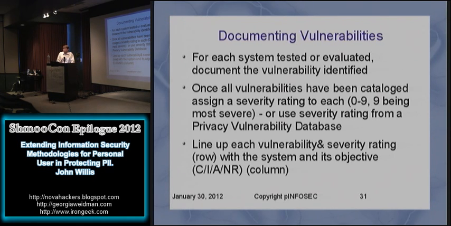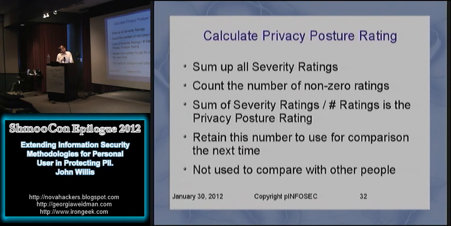It's not like the InfoSec world. If there was a privacy vulnerability database that assigned severity to different types of vulnerabilities, then you would have some resource to draw upon. But so then you do the typical assessment approach and sort all that and add it up, or add it up and sort it out, which is pretty much all that.